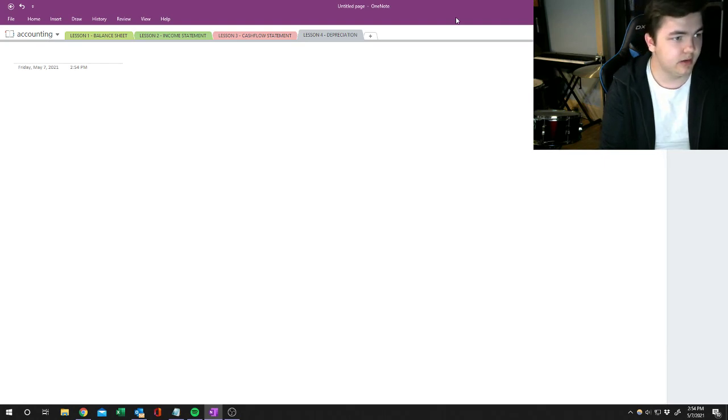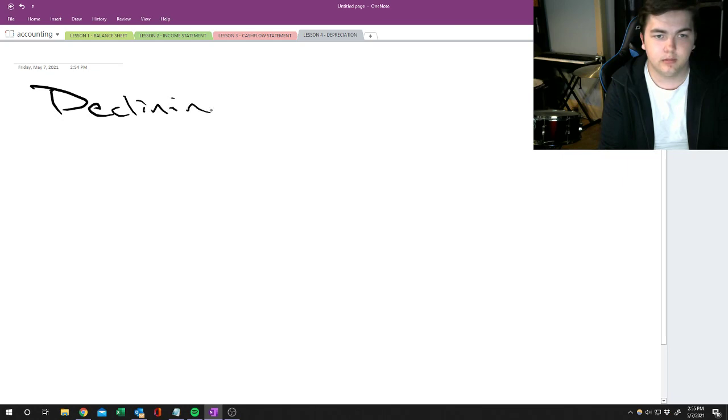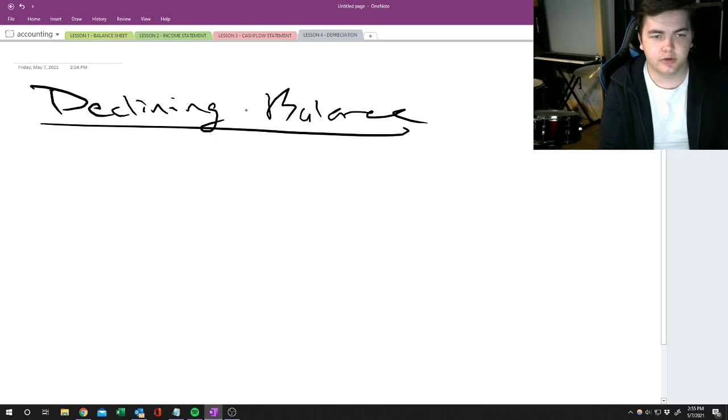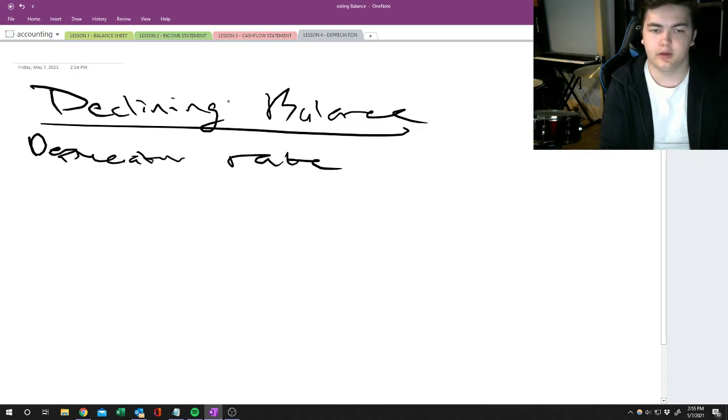And then the next method I wanted to mention was the declining balance method. This is similar to the straight line, although it's exponential, or compounds, or decays rather. Basically, you have a depreciation rate, and you multiply by that rate every year, and it kind of asymptotes off. An example would be if you had 1 million yen.